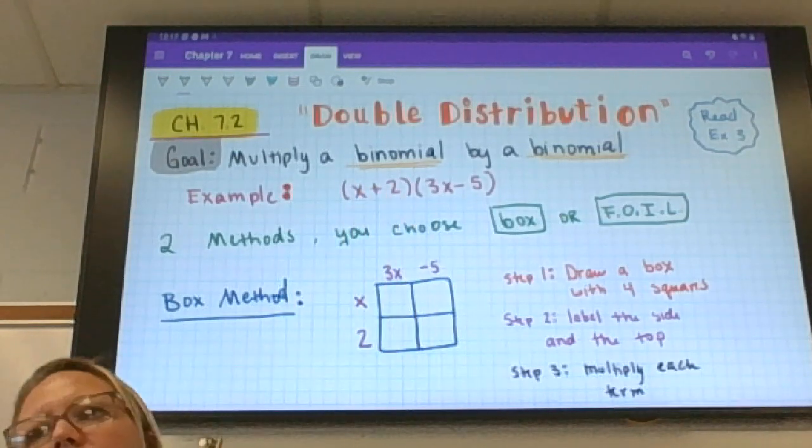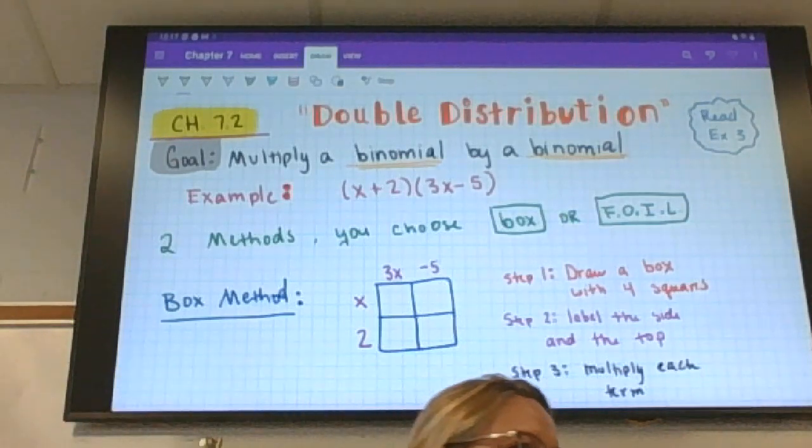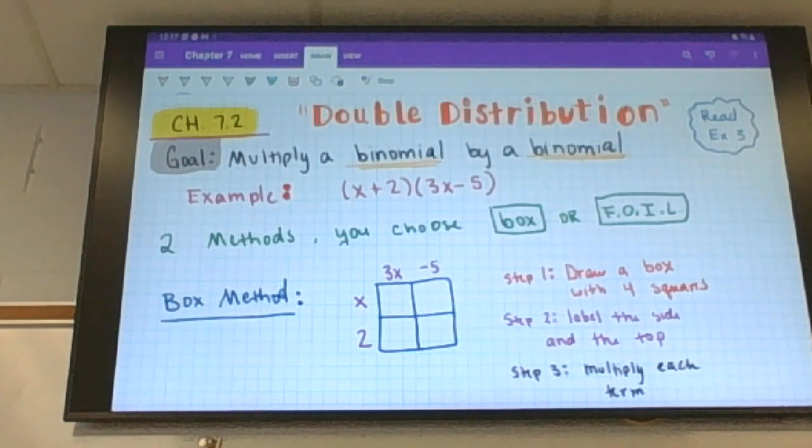That's it. It's just double distribution. But we're going to show it a lot of different ways. The 2 methods we're going to show are the box method and the FOIL method. But really, we could just call it distribution, to be honest.